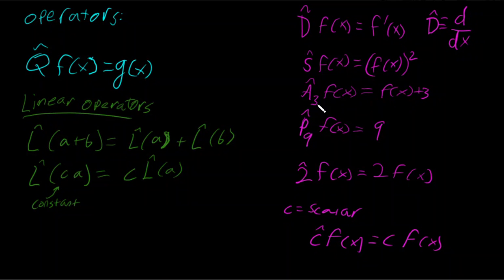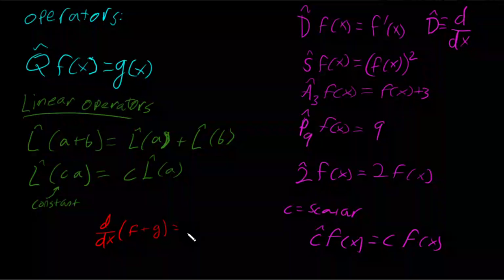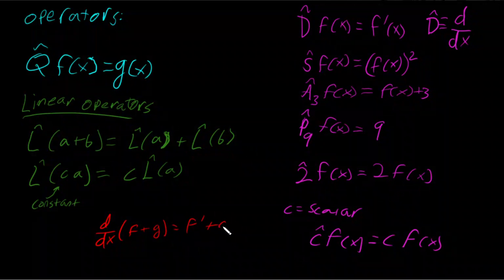So let's look at our five different cases and see if they're linear. To start off with, the d hat. It's actually a property of derivatives. If I take the derivative of a plus b, or, these are usually functions, so let's call it f plus g, this is equal to f prime plus g prime.